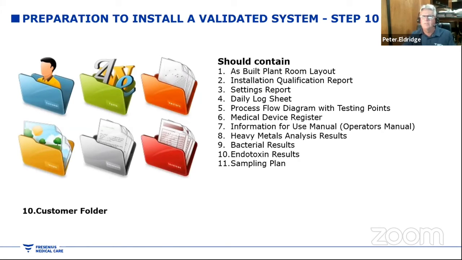Once you've received a water treatment system from a supplier, you should get folders containing this. So it could be in hard copy or it could be an electronic version.